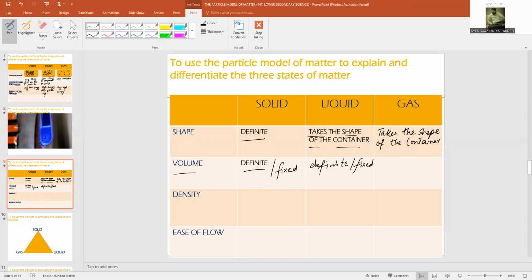But in case of gas, it is indefinite. It means the volume of the gas will vary. Due to this reason, gases are compressible. Both solid and liquid can't be compressed.